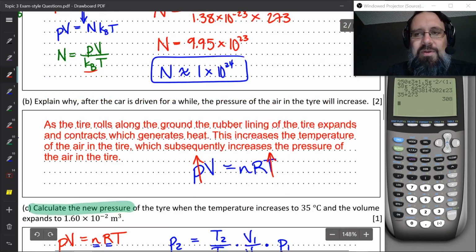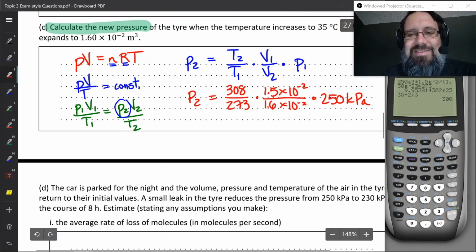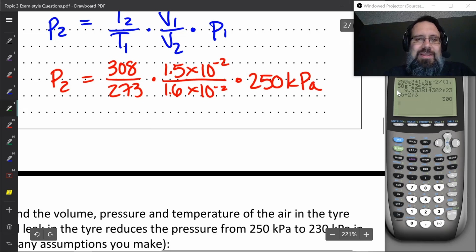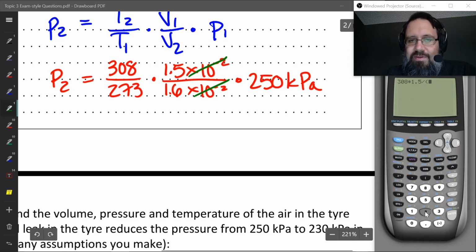kilopascals. So let's go check to make sure that I'm remembering that correctly. Yep, 250 kilopascals. Okay, just got to throw this in the calculator. One thing to notice is the negative 2's cancel out, so save yourself some time when you go to plug this in. So we're going to have 308 times 1.5 divided by 273 times 1.6.